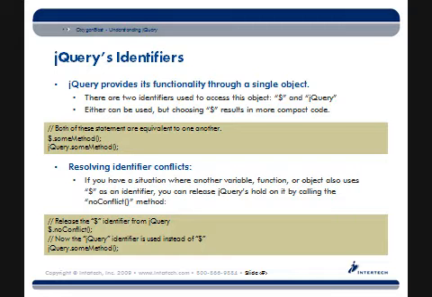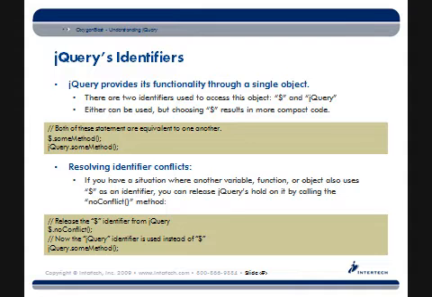Sometimes, though, you don't have the option to use the $, because you have old legacy code that perhaps uses the $ as an identifier, maybe for a variable, a function or an object, or perhaps you're using some other third-party library in your web application that also uses the $ as an identifier. If you need to release jQuery's hold on that identifier so it doesn't break your other code, you can call $.noConflict. As soon as you do that, it releases its hold of the $ identifier, and now you can use jQuery as your identifier.